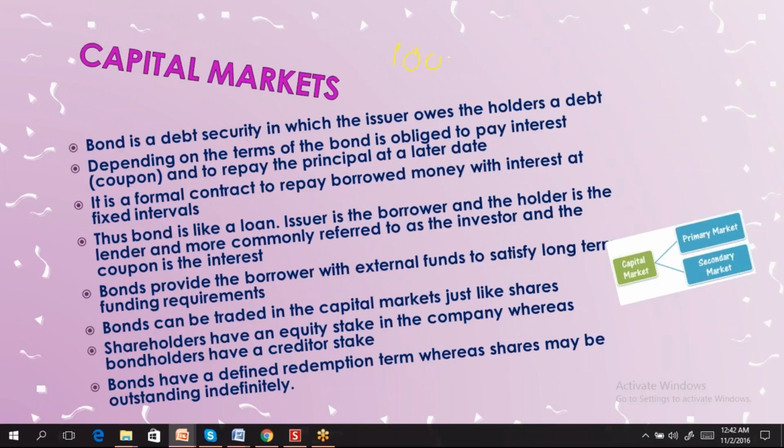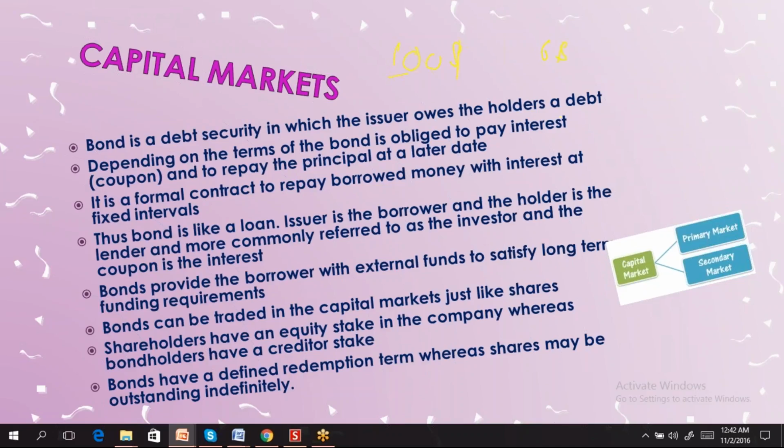So when the company says it's paying 6% loan notes interest or 7% loan notes interest, it is paid on $100 always. 6% means $6 will be paid on the nominal value.